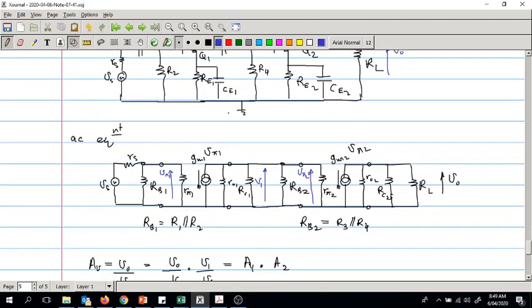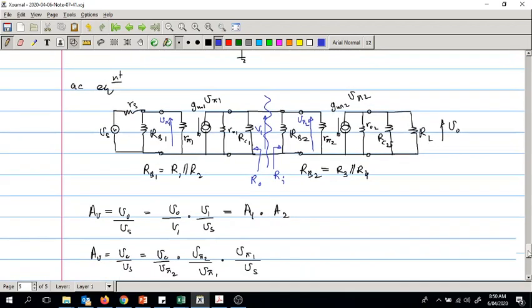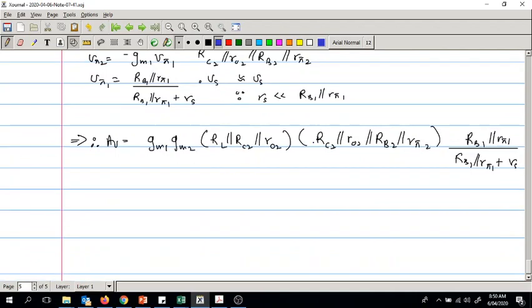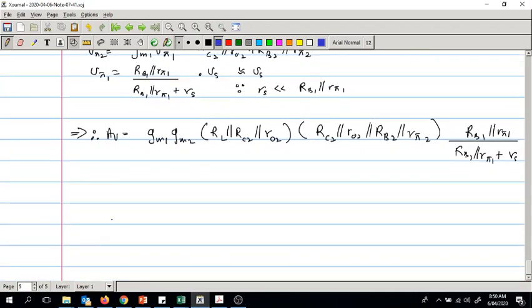The output resistance of the first stage, Rout1, and the input resistance of the second stage, Ri2, have to be matched according to the maximum power transfer theorem.